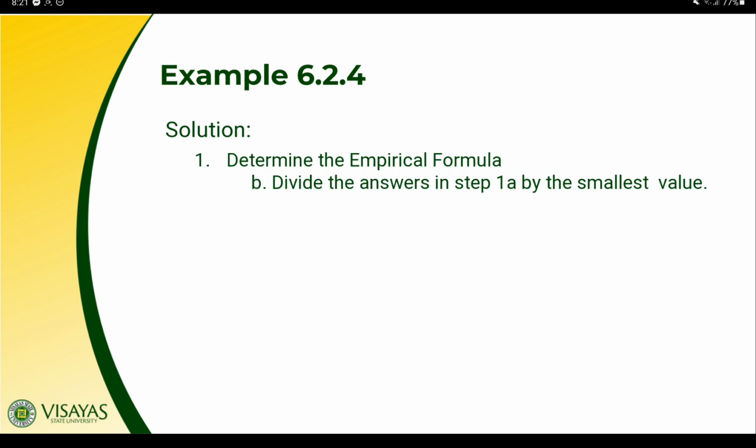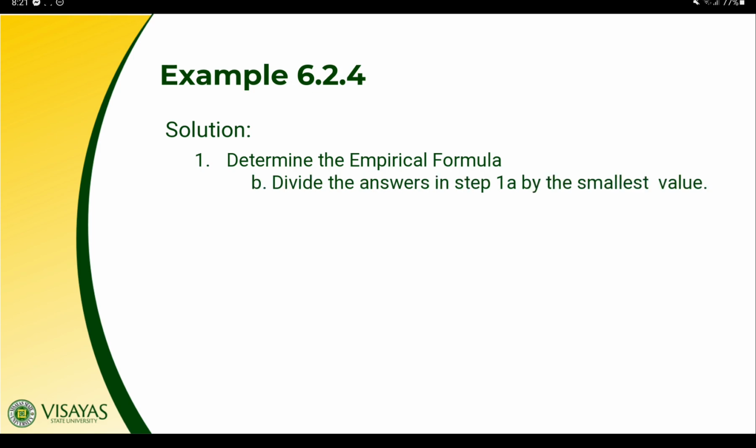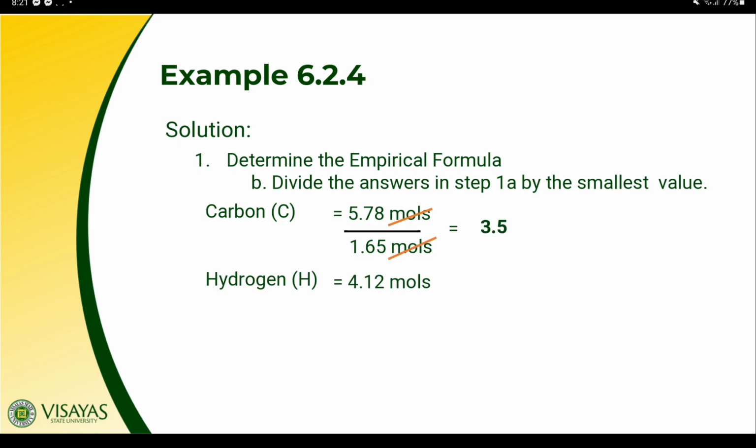Okay, the next step is we divide the answers by the smallest value. So the smallest value of mole we have computed, that should be in the denominator. Okay, for carbon, the computed mole is 5.78 divided by the smallest value, 1.65, so we get 3.5. For hydrogen, we have 4.12 moles divided by 1.65 moles, so we get 2.49 or 2.5.